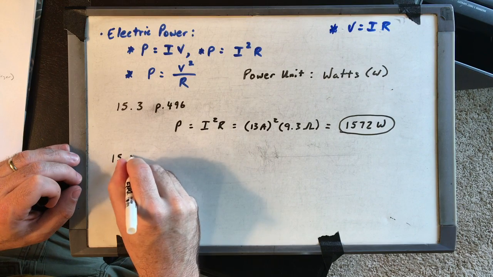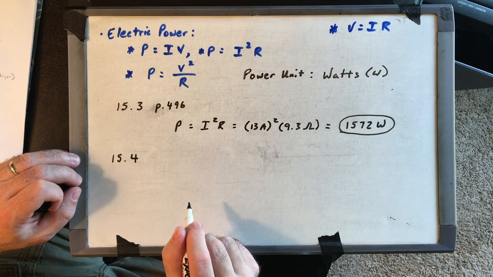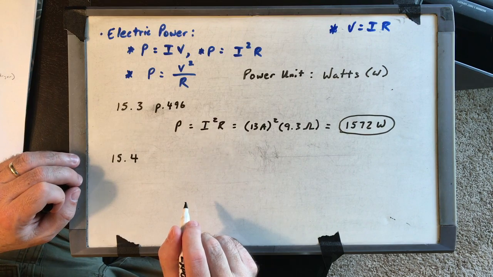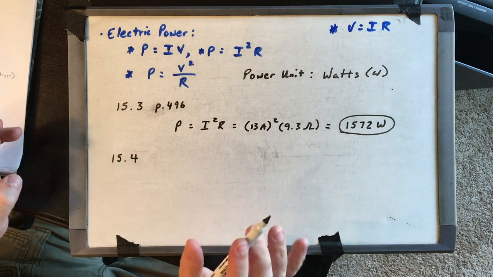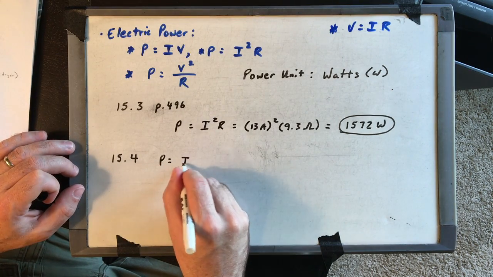Let's look at 15.4 right underneath 15.3. It says an electric motor runs on a 1.5 volt battery, draws 0.32 amps of current. How much power does it use? Okay, we know the voltage, we know the amperage or the current. So power, we'll just use IV.